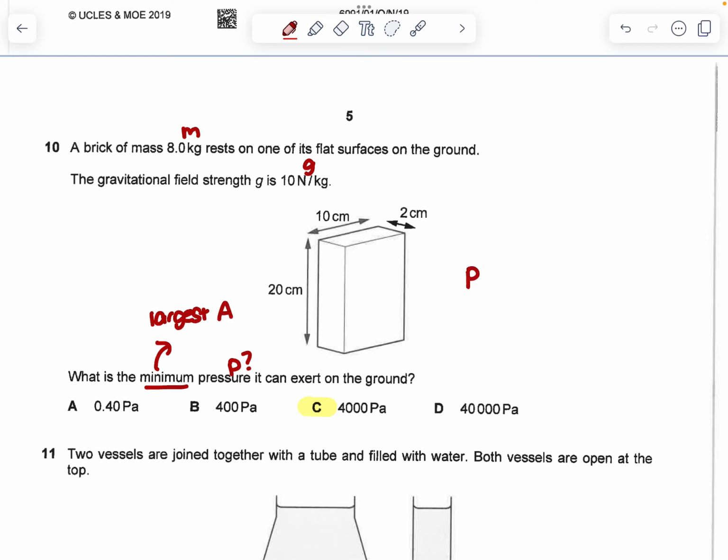The formula is P equals F over A, and the force here comes from the weight of the brick. The formula for weight, W equals mg, over area, and use the largest area. So this is probably the largest area A.